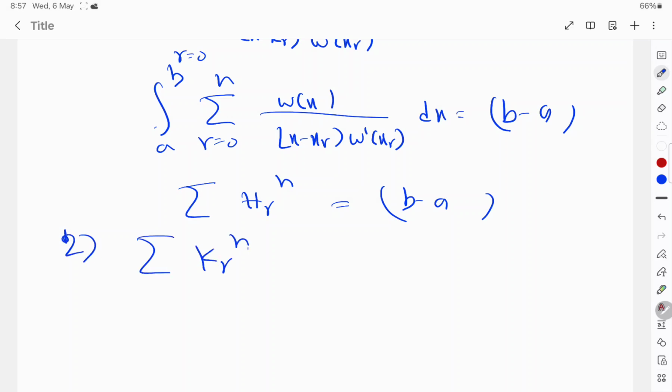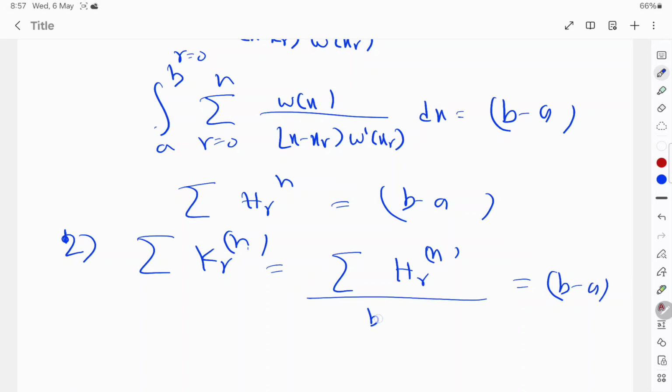So you just use your expression, because you know H_r^n is equal to b minus a into K_r^n, right?